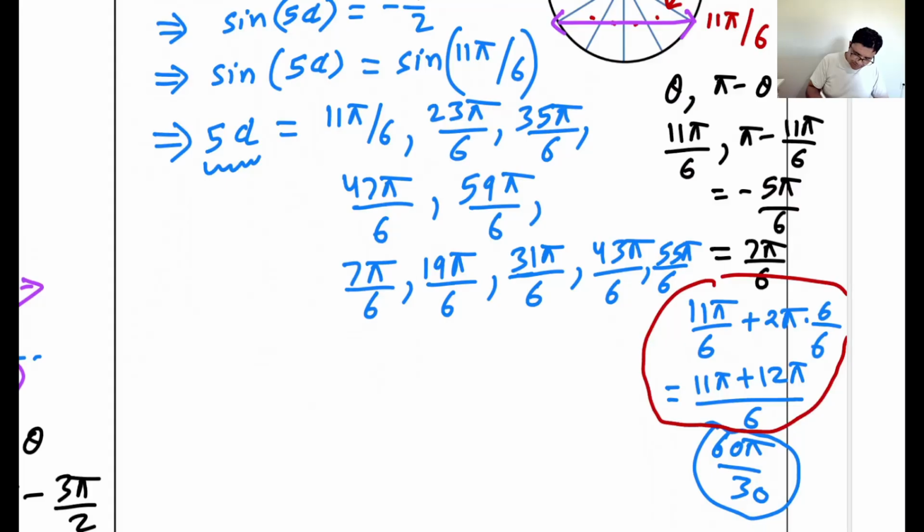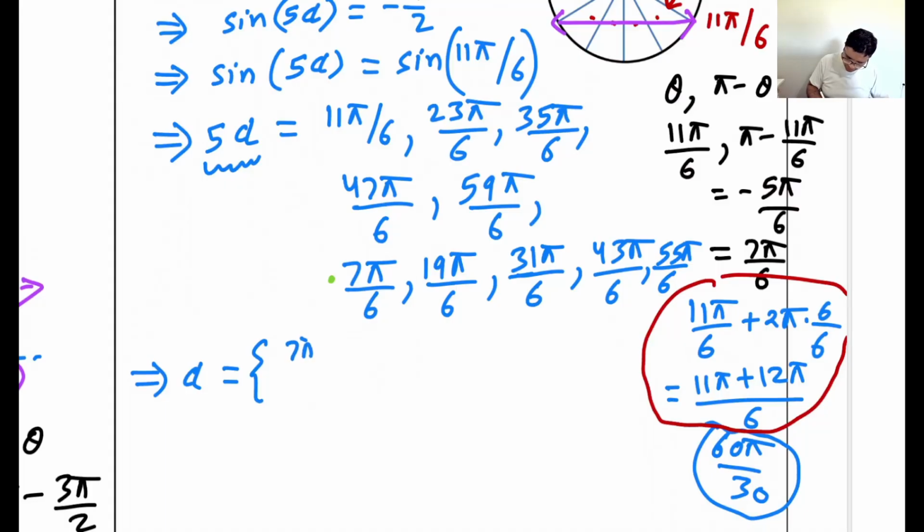We have to write the alpha now. Alpha will be, now you divide by 5 on both sides. Each of them will become basically, I'm going to now write them in a set. Okay, those are the exact list of values. And you can write in ascending order if you want. Okay, looks like the smallest is 7 pi here.